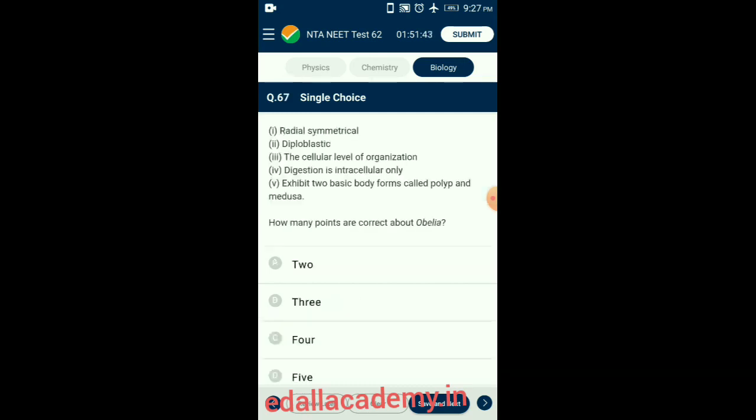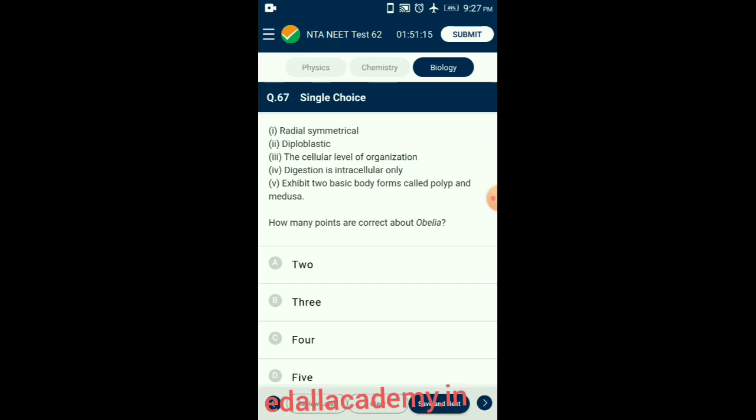Question number 67. Here there are 5 points given. From that, how many points are correct about Obelia? Obelia belongs to phylum Coelenterata, that is Cnidaria. They have radial symmetry, tissue level of organization, and are diploblastic and have metagenesis.